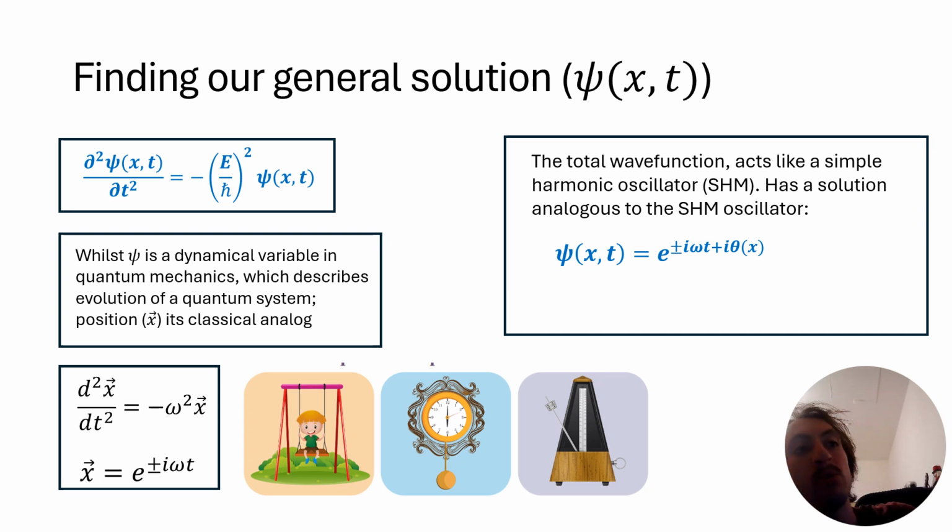It turns out for a free particle it's easy to do. The spatial part of our overall wave function we write as just e to the i theta of x, where theta is some function.